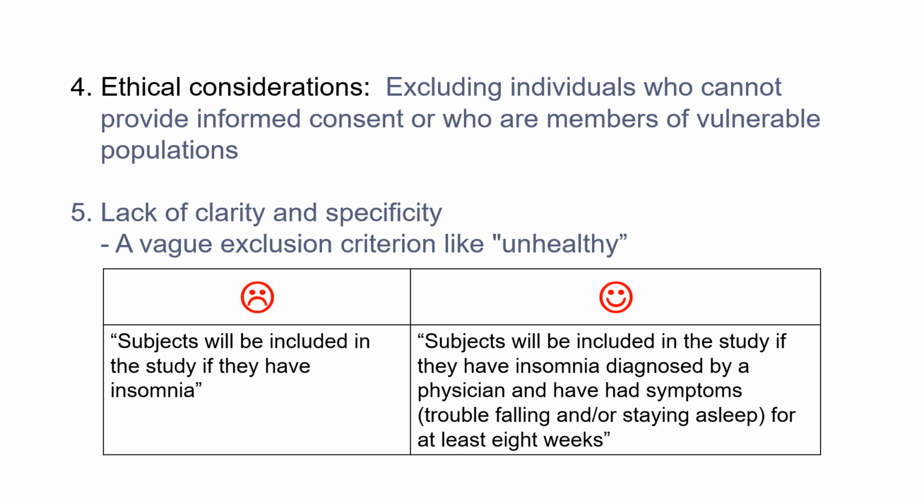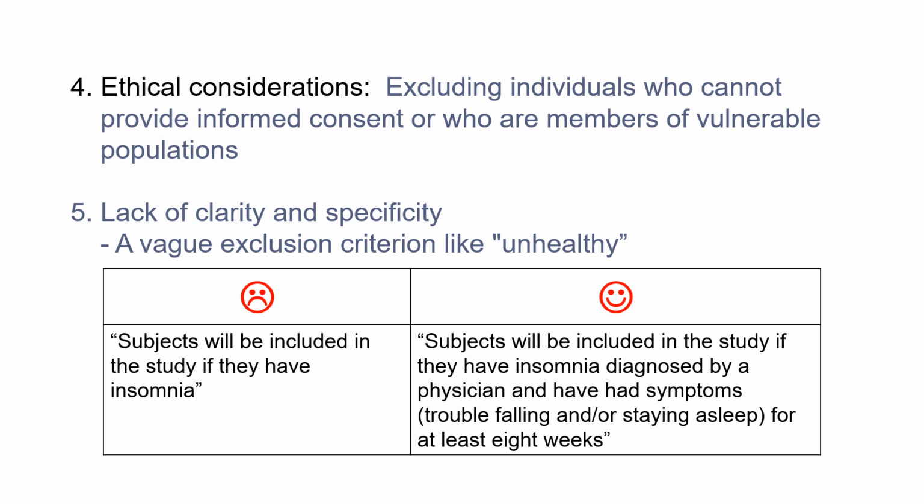Fifth is the lack of clarity and specificity, like using unhealthy as an exclusion criterion, which is vague, subjective, and open to interpretation. Or plainly saying subjects having insomnia, which can be described more appropriately as insomnia diagnosed by a physician and having had symptoms for at least 8 weeks.